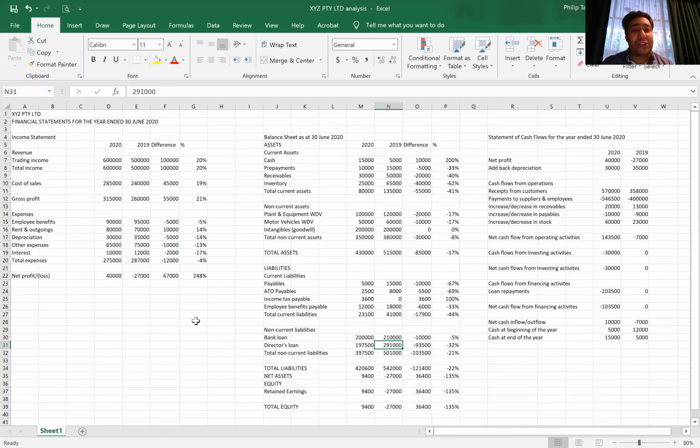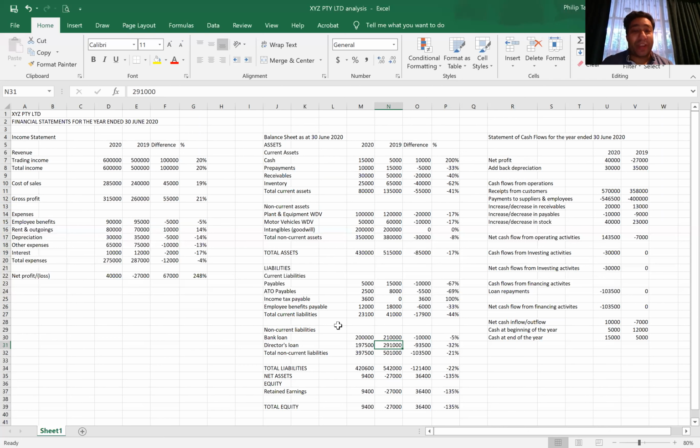$291,000. Now, at this stage, we can see that there's been a lot of assets in the company, and there was a loss. So we need to ask the question then, how are these assets funded and how was the loss funded? So see this director's loan figure, that was quite high.